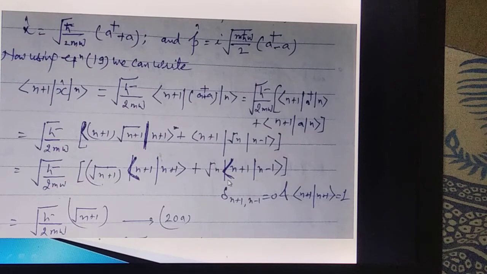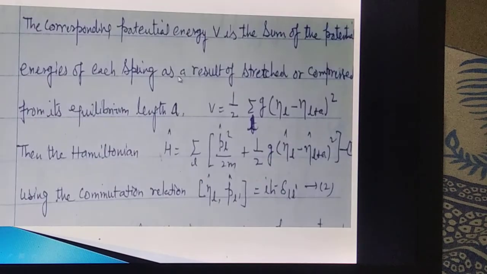And the potential energy of the system can be written as V equal to 1 by 2 summation g (eta l minus eta l plus a) whole square. So the Hamiltonian of the system, H, is the sum of kinetic and potential energies.